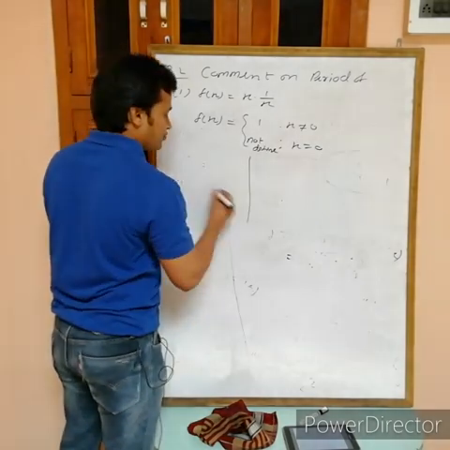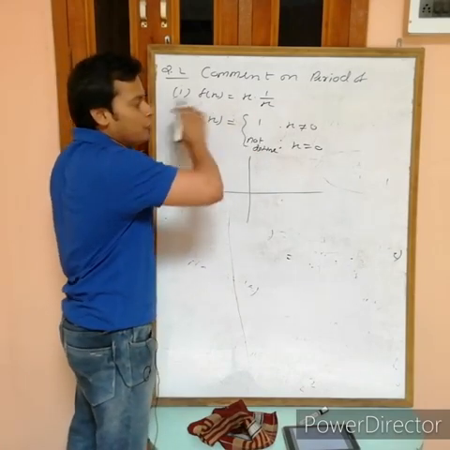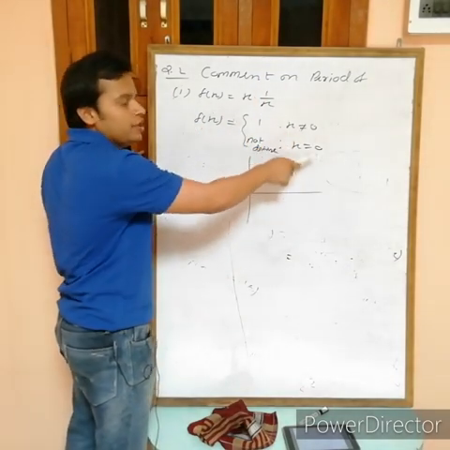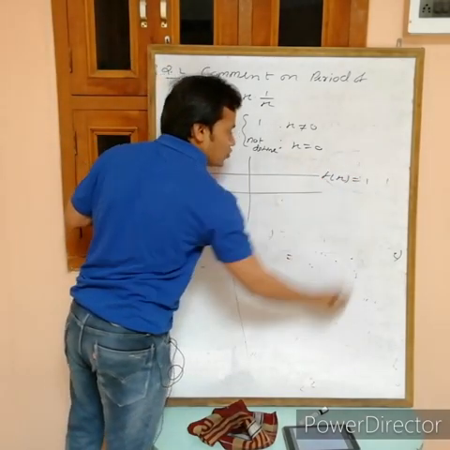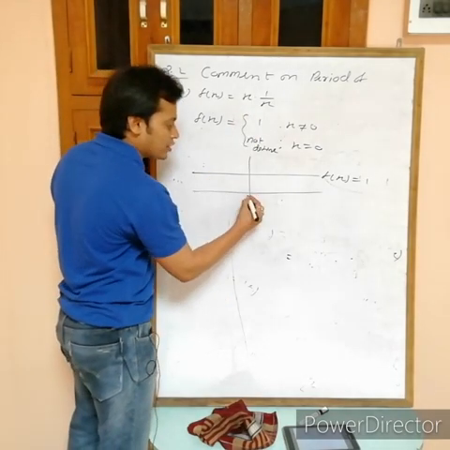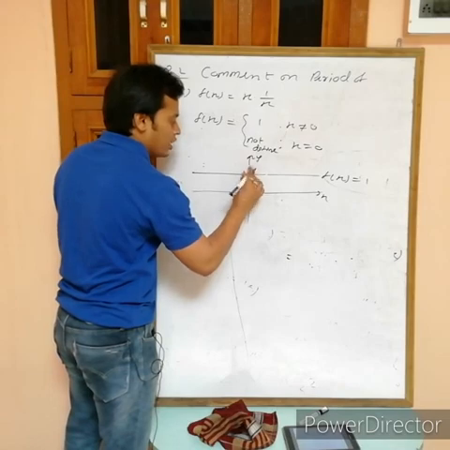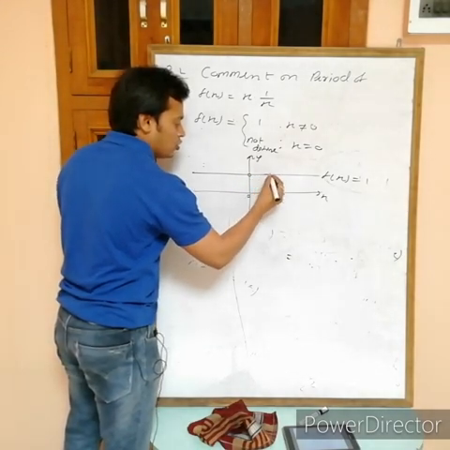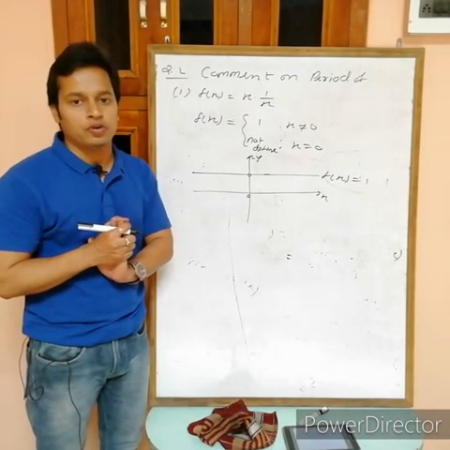Now see, if you draw the graph, f(x) is equal to 1 for all values excluding 0. Suppose this is f(x) equals 1, the function always has value 1 but not at 0. This is x equals 0, the x axis and y axis, so here we have a white hole. Now check, is this a periodic function or not?